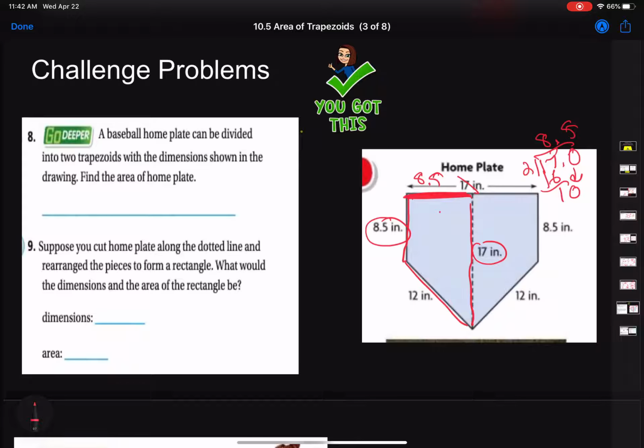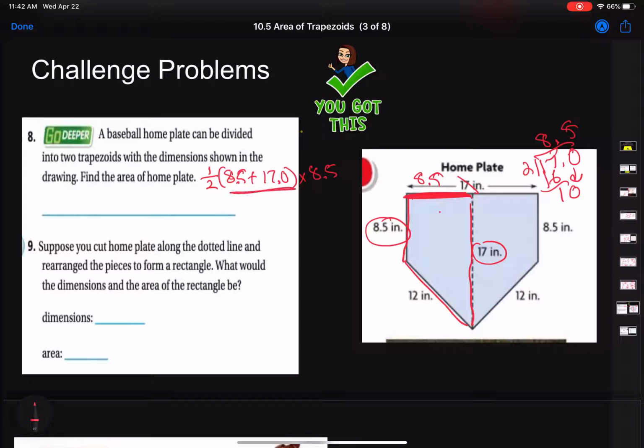Okay, so now just looking at the trapezoid that I outlined here, you're going to do 1/2 times your 2 bases, which are 8.5 plus 17.0, times my height, which is 8.5.